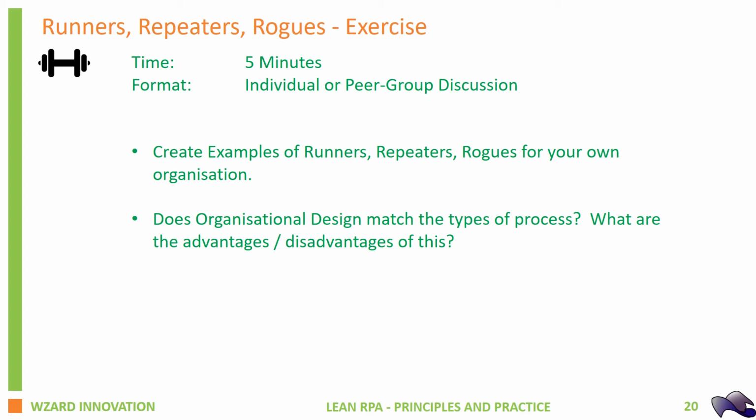So our question for you is, can you create some examples from your own organization of where runners, repeaters, and rogues would fit? And the question is, does your organizational design match these types of processes? And if not, is there an advantage or disadvantage to doing this? Okay, time to pause the video and I'll be back in a moment.